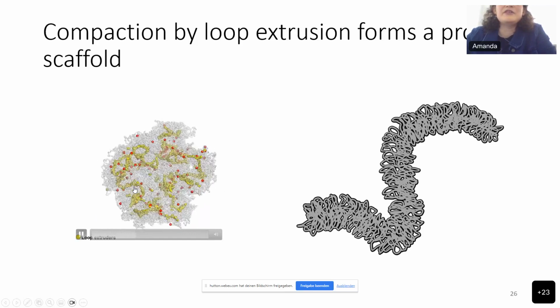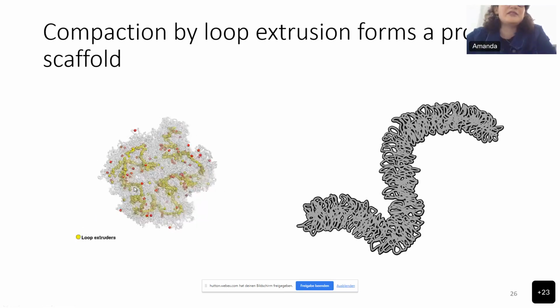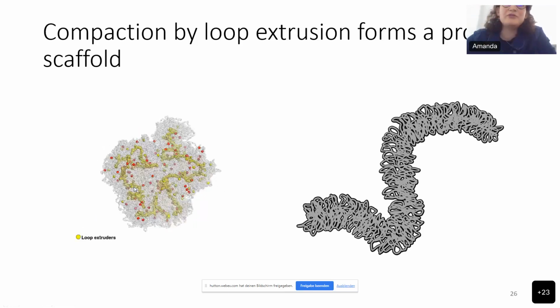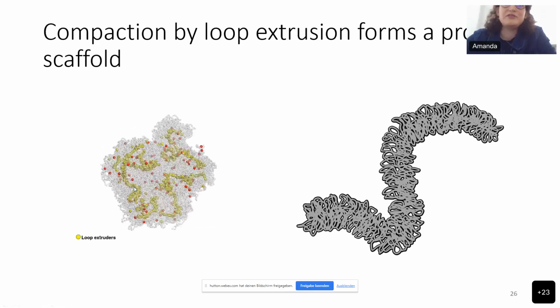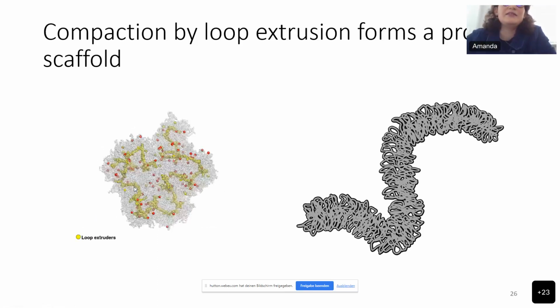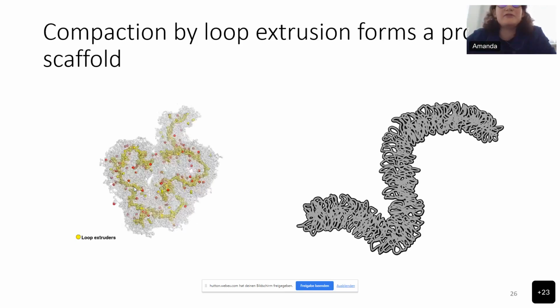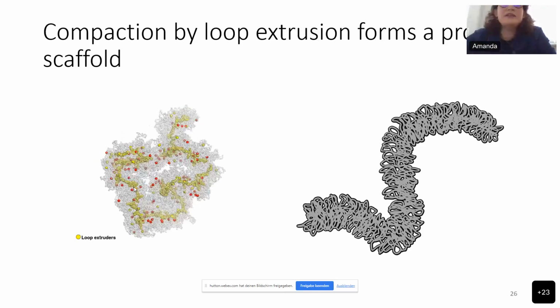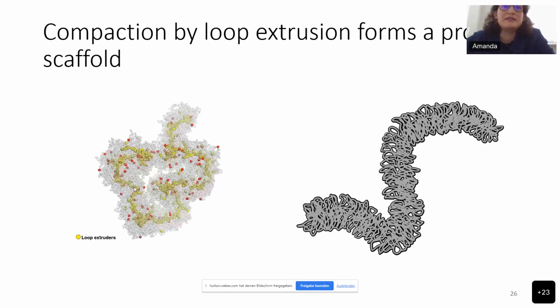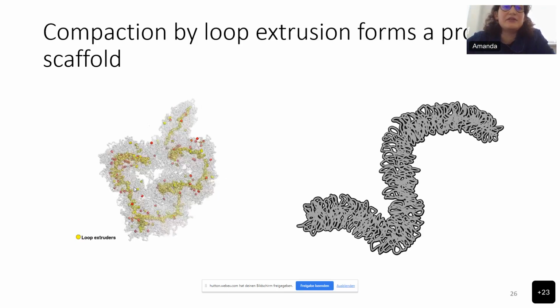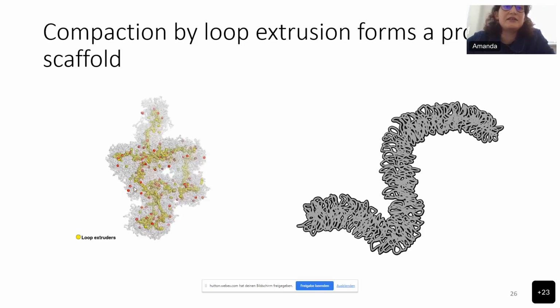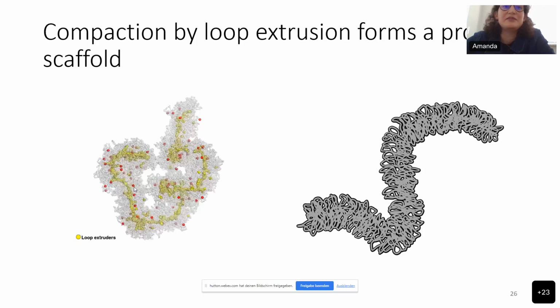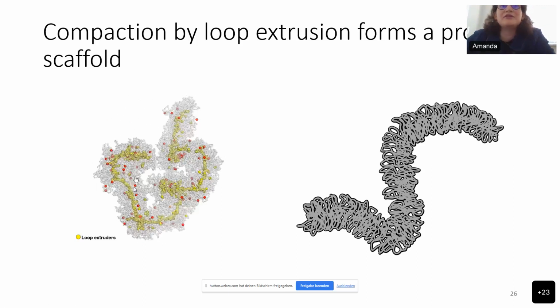It works like this. It binds anywhere, and it moves to extrude this loop, leaving this chromatin loop behind, but it can also dynamically unbind from chromatin and bind somewhere else. Although condensins are very dynamic, they form this very stable condensed state.